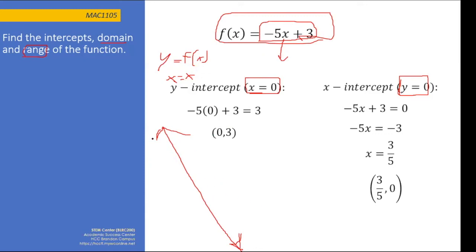So we see from this primitive sketch here that we can have as high of a y value as we want and as low as we want. In other words, we can have any number for y as well. So the answers for the domain and range is negative infinity to infinity for both of those.